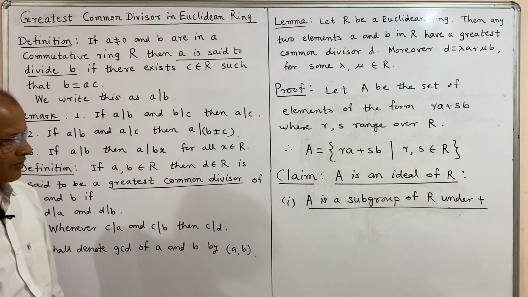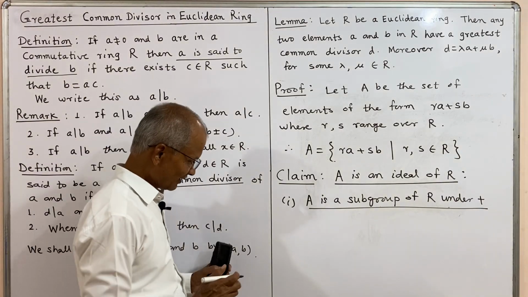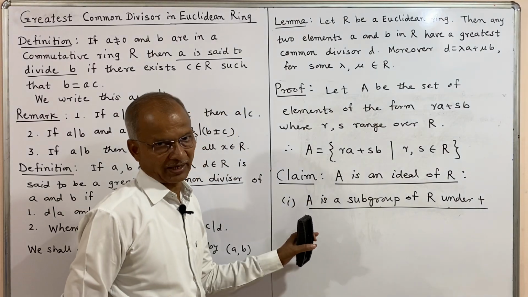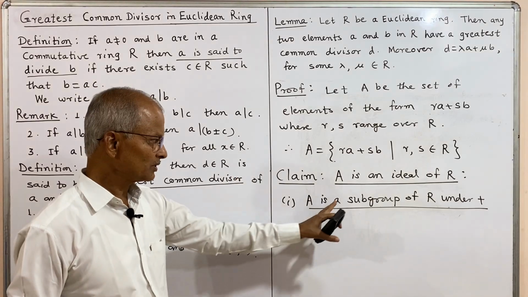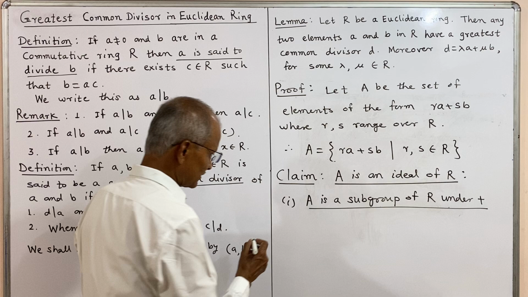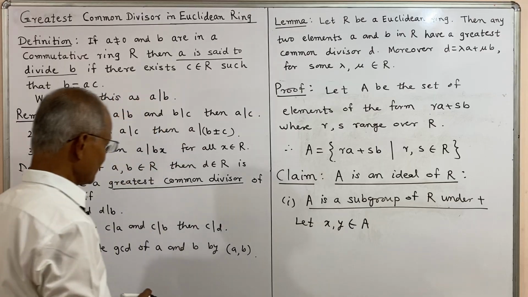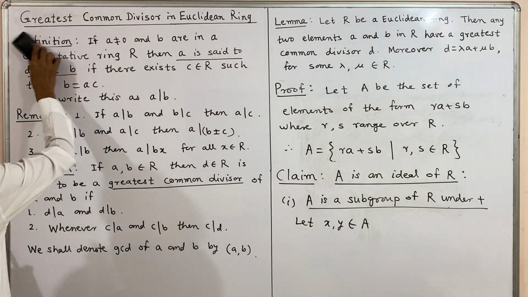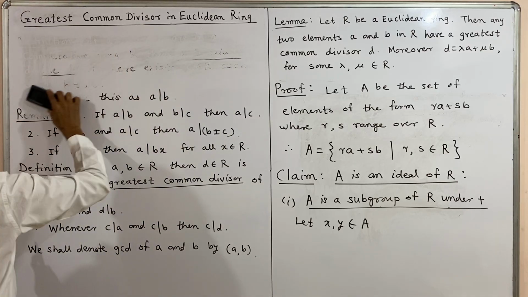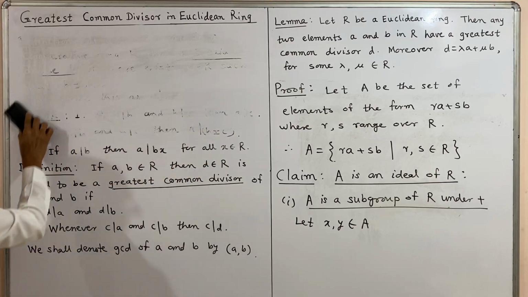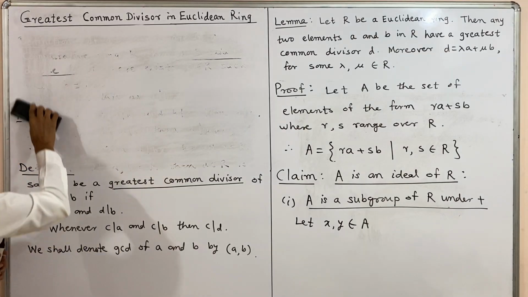And we know for proving a subgroup, it is only necessary that we consider X and Y, two elements in A, and then prove that X minus Y is again in A, and that proves A is a subgroup under addition. So let X, Y belong to A. Why is this so? Because for a subgroup, if we consider two elements A and B in the subgroup, then we need to prove A times B inverse is again in the set. Then it becomes a subgroup.